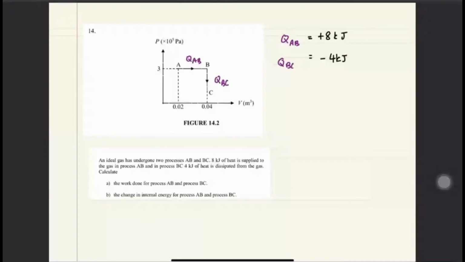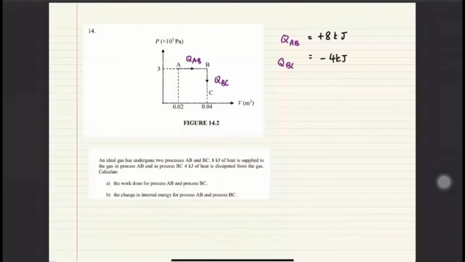Kalau kamu ada graph, kamu nak kira work done macam mana? Area under the graph. Alternatively, you can use formula work equals to P delta V pun boleh. So, if I want to use this one, katakan area under the graph.